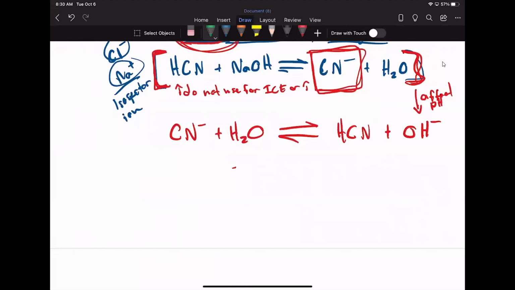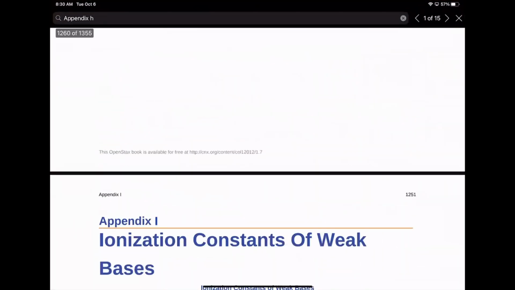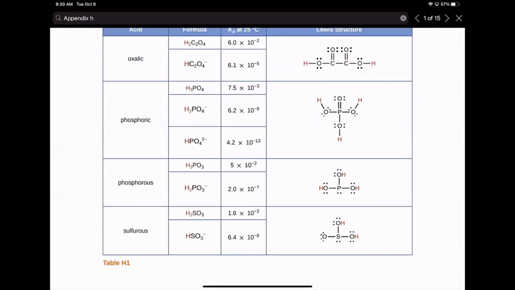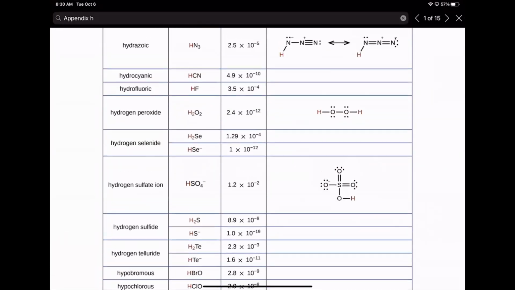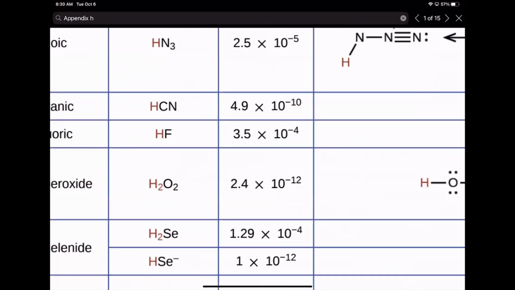So let's see here. Do we have HCN here? I flip to it. Yep, we do. Okay, so we're going to need some information here. It looks like we have the Ka. So if we go here, we're going to look for HCN, and there's HCN.